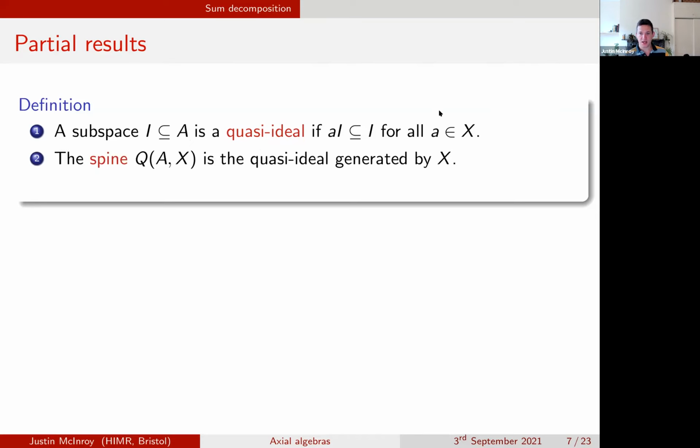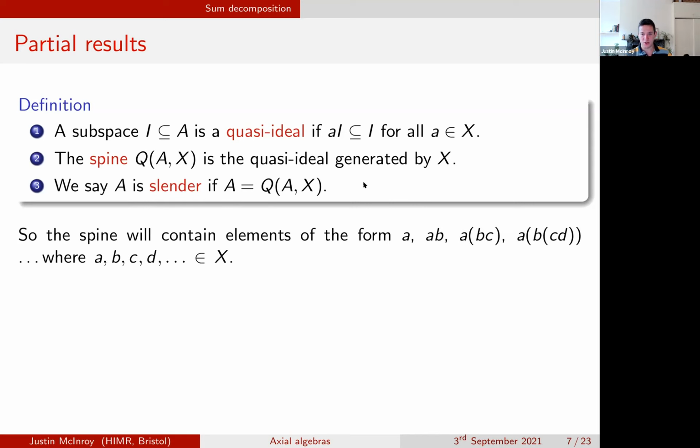And I'm going to say that the spine of the algebra is the quasi-ideal which is generated by the set of axes. Finally, I'm going to say that the algebra is slender if it's equal to its spine. If you like, there's no meat on the bones.